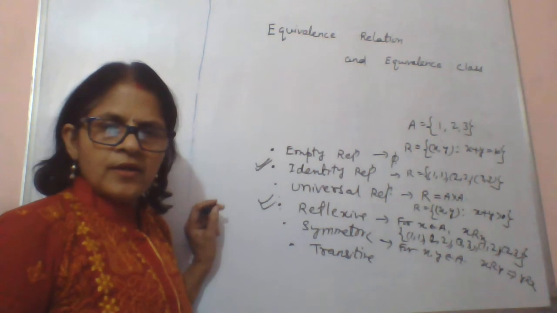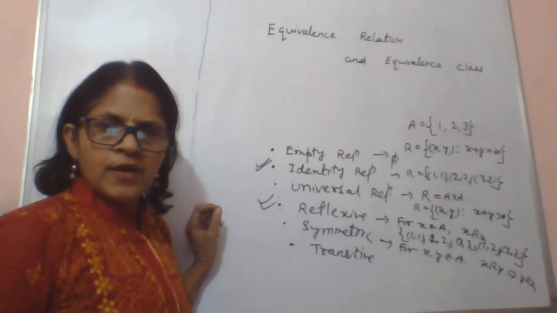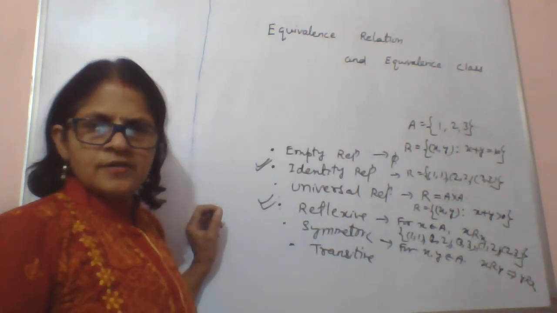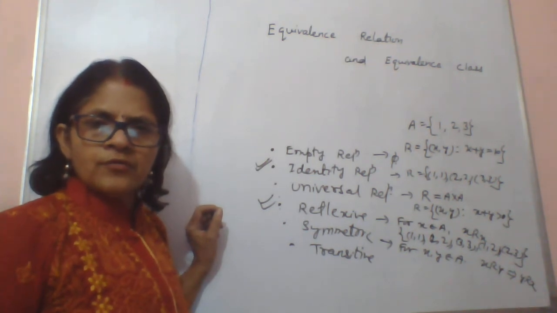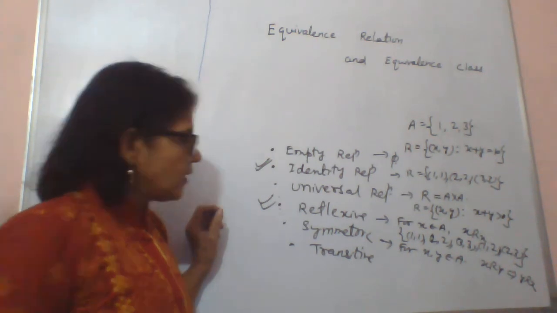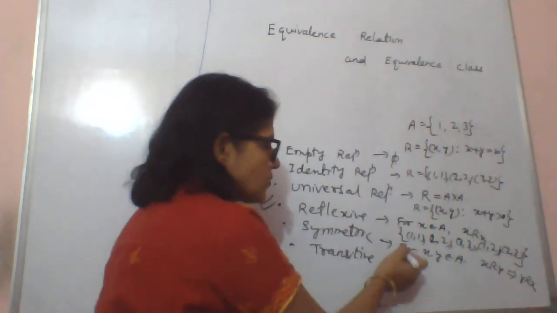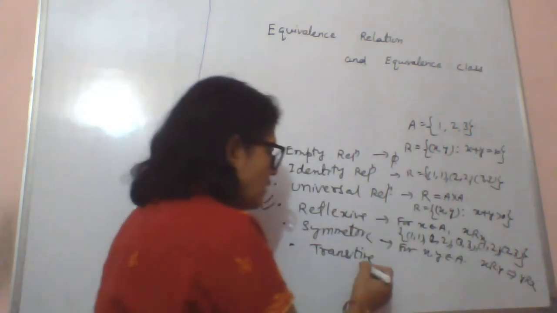Equality, congruence, parallel, similar triangles, right? Even if L1 is perpendicular to L2 in the case of a set of lines, L2 is also perpendicular to L1, right? So that is a symmetric relation, which we have also discussed earlier.